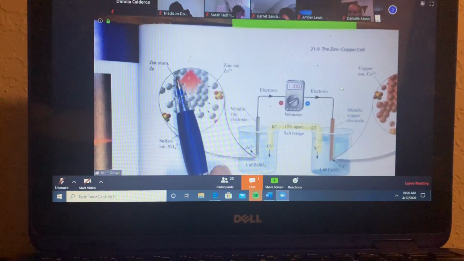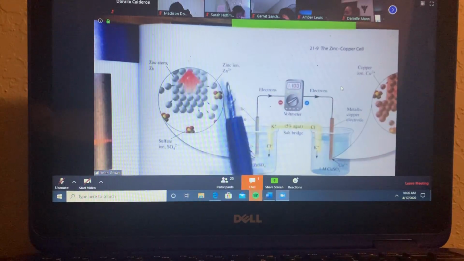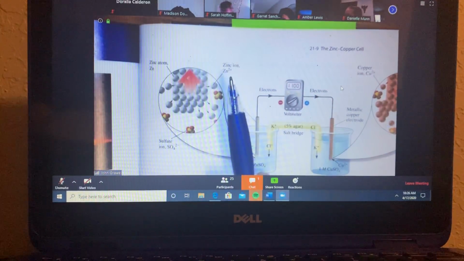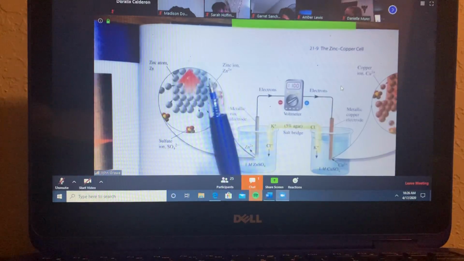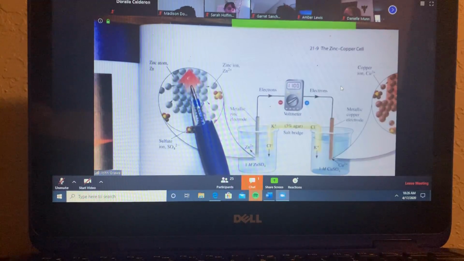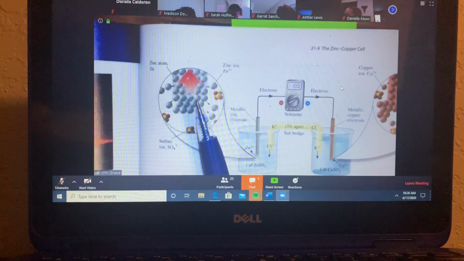So here's the metal. It's the atom. And so highlighted, that's got to be the ion. Where are the electrons? Well, they stay with the electrode. So they're piling up on the electrode as we lose the ions, and they give up the electrons. So this side's getting very, very electron rich.